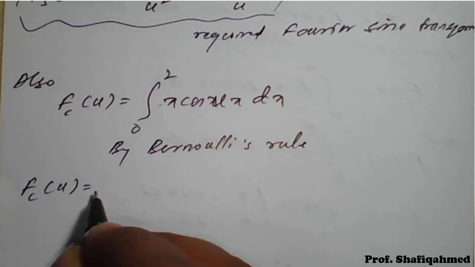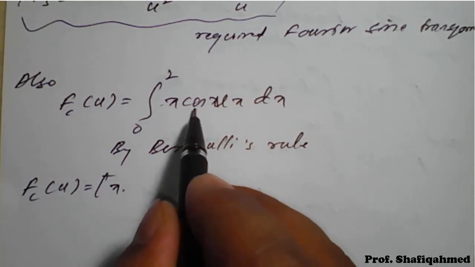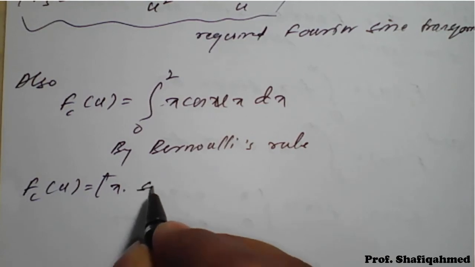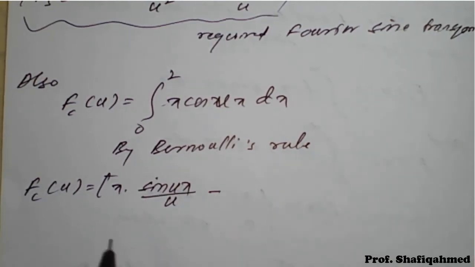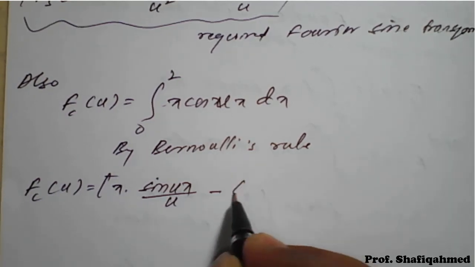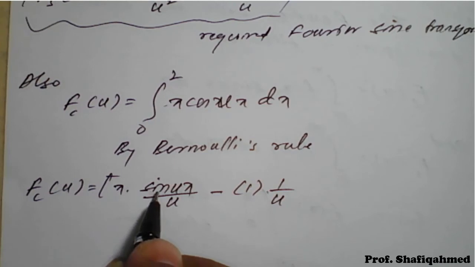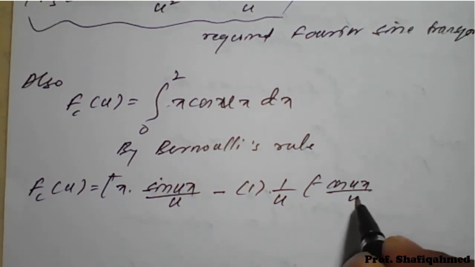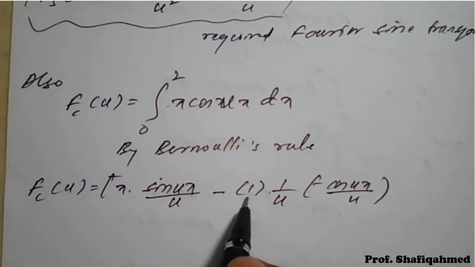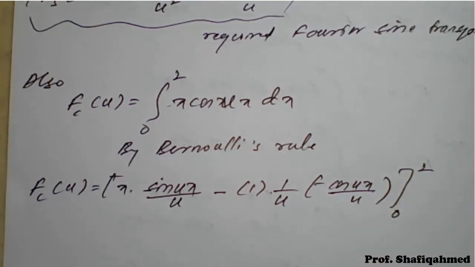fc of u is equal to: keep x as it is, the integration of cos ux is sine of ux upon u. Then minus, the differentiation of x is 1, so 1 upon u, the integration of sine ux is minus cos of ux upon u, the differentiation of 1 is 0, stop, and close with the given limit 0 to 2.